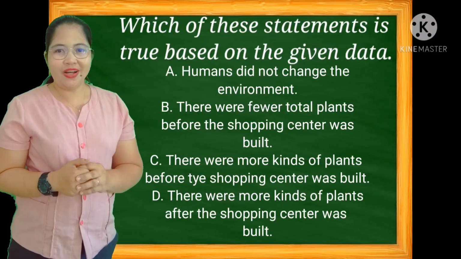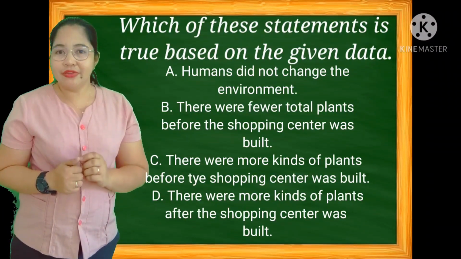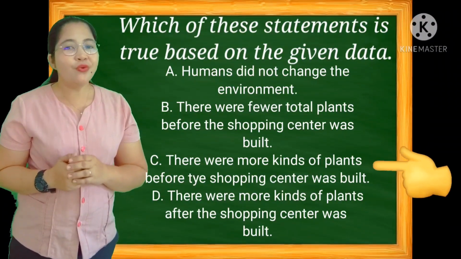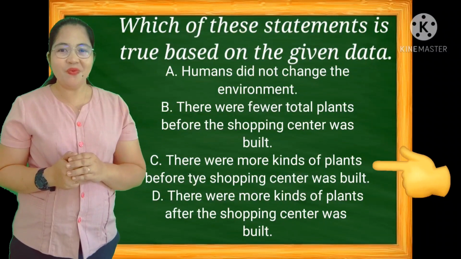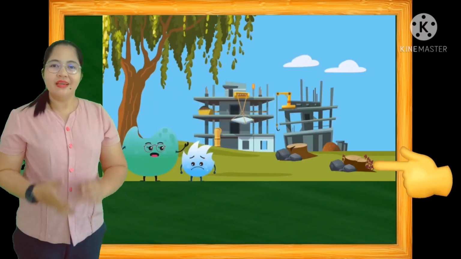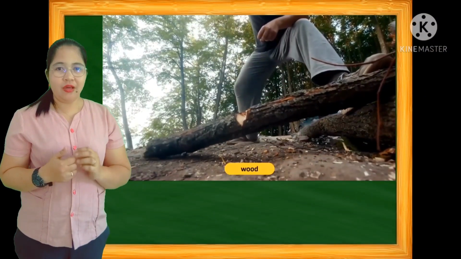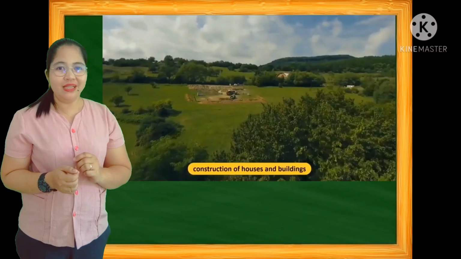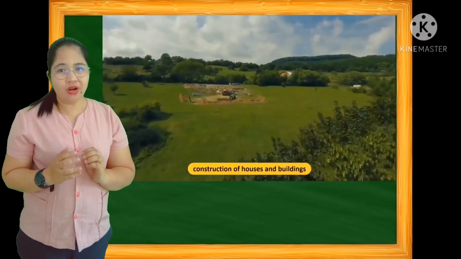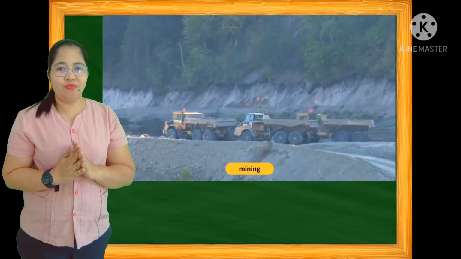So what is our answer? So the answer is letter C. There were more kinds of plants before the shopping center was built. Very good. Remember, class, that everything we do, like for example, building a new structure or others, can harm and damage our environment.